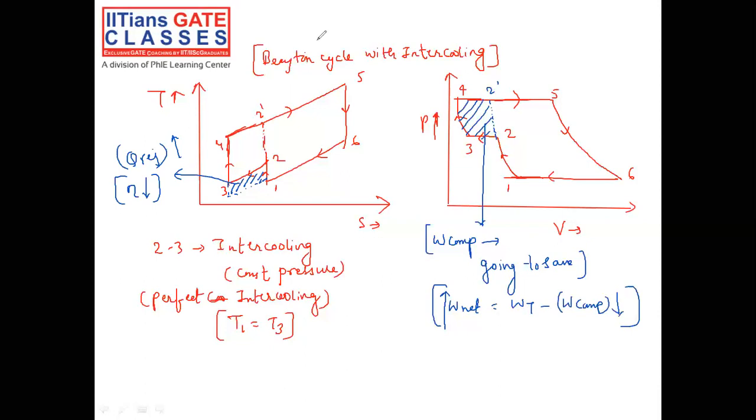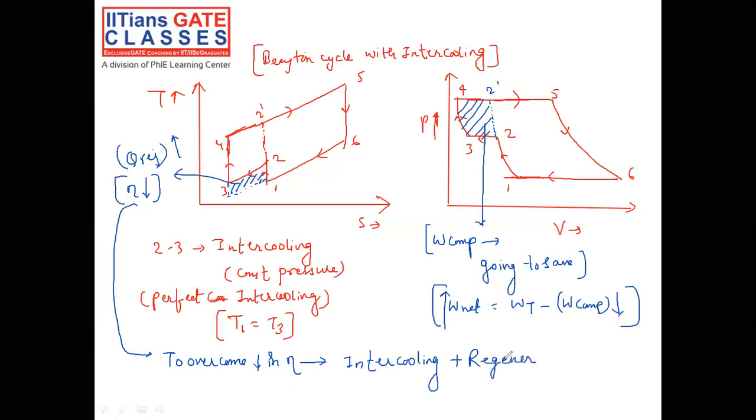So to overcome the decrease in efficiency, we are going to employ intercooling plus regeneration. Due to this, efficiency will also increase as well as net work output. So that is the total discussion regarding the Brayton cycle with intercooling.